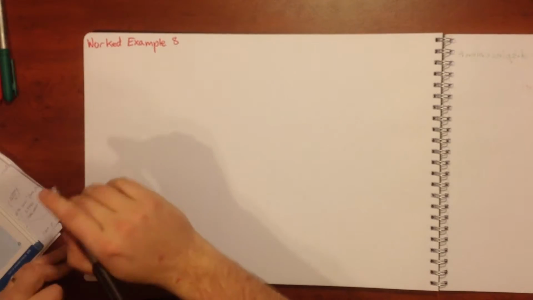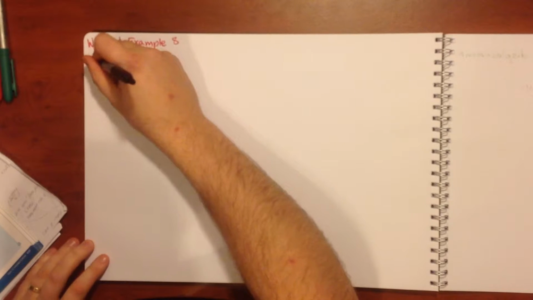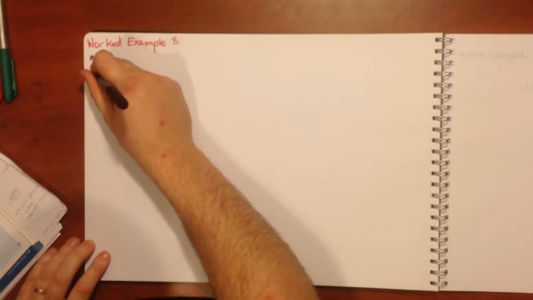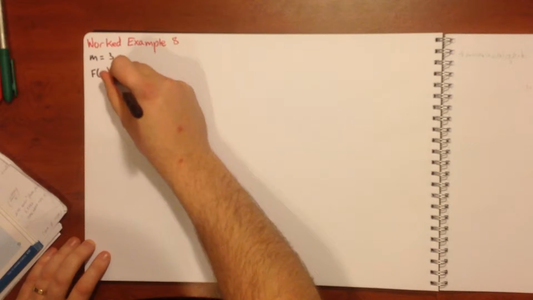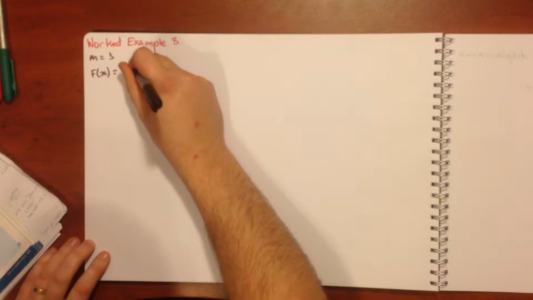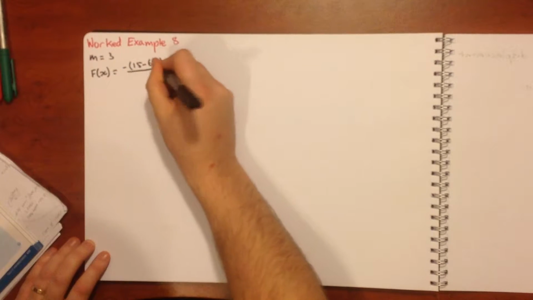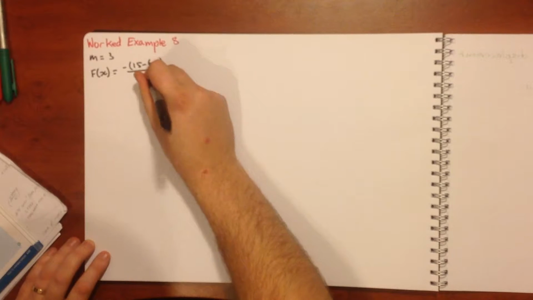I'm going to start at worked example 8. I've got a particle of mass 3 kilograms, so m equals 3. At time t seconds, its displacement is x meters from the fixed origin. The particle is acted upon by a force f of x equal to negative (15 minus 6x) over x cubed.